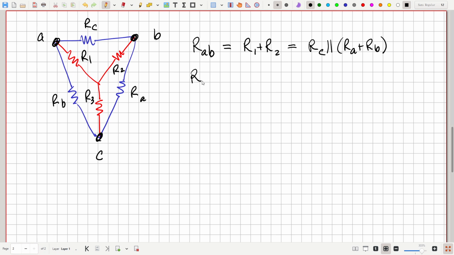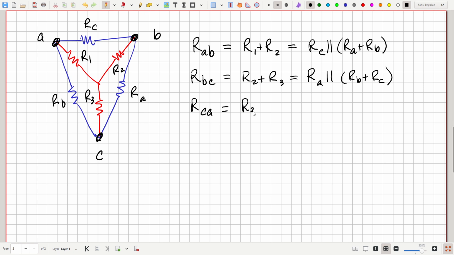And looking at the other pairs of vertices, B and C is kind of the same thing, just rotated 120 degrees. We'd have R2 plus R3, and that would be equal to RA parallel RB plus RC for the other network. And then for C to A, you can see we're just cycling through the subscripts.